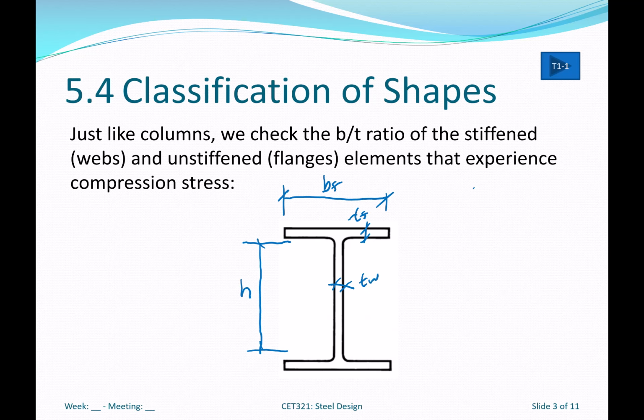For the flange, we're going to take b sub f divided by 2, because we really just want this distance, and then divide by t sub f, and that's going to be lambda of the flange. And then lambda of the web would be h divided by t sub w. You can calculate those, or if it's a standardized shape, Table 1.1 shows you these values. But if you were doing built-up shapes, you would have to calculate it.